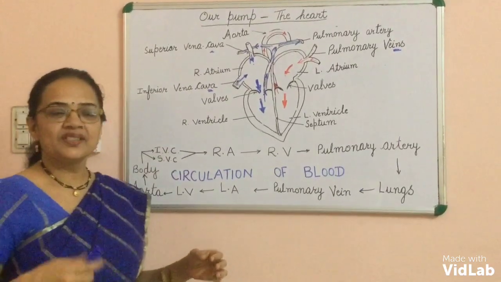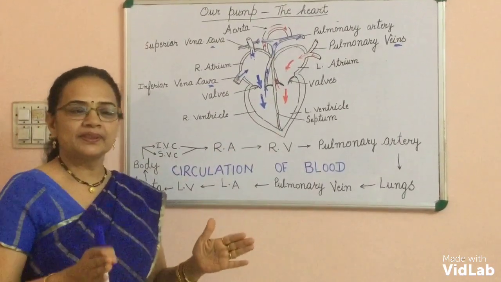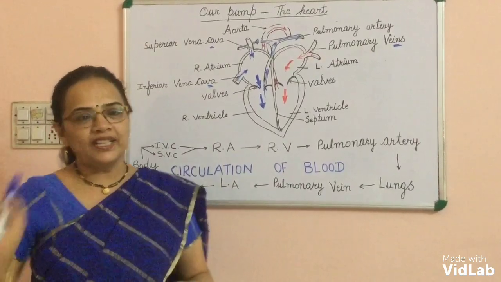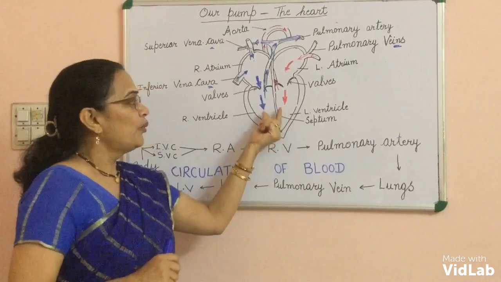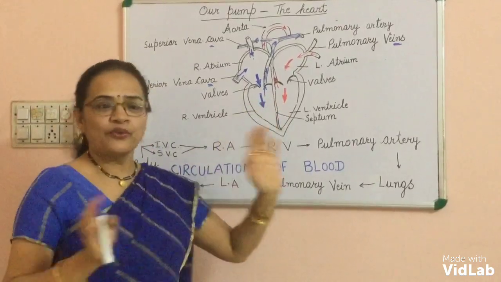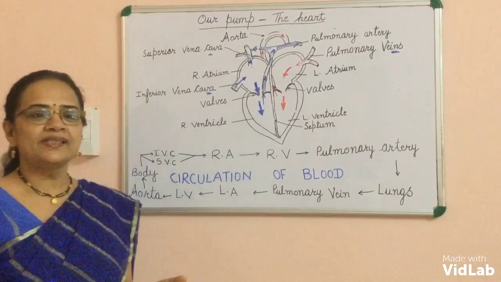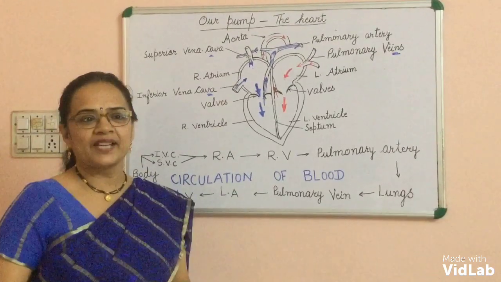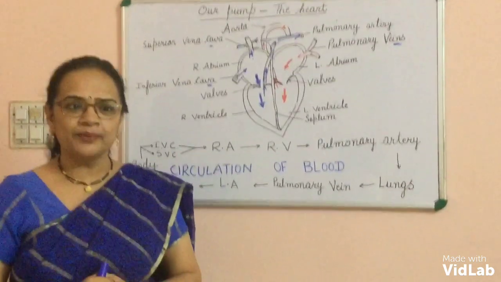Now the question arises, what is the need of septum? Septum separates deoxygenated blood from oxygenated blood. Now why is there separation of oxygenated and deoxygenated blood? Because in humans our energy requirements are more. Now why are our energy requirements more?